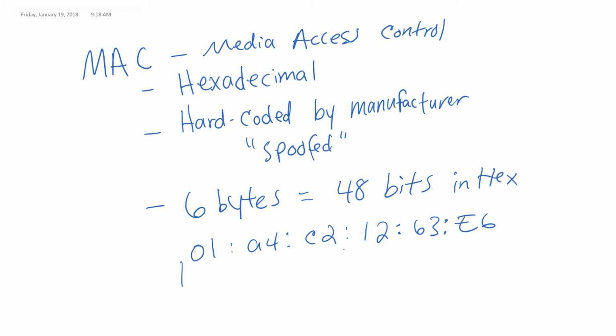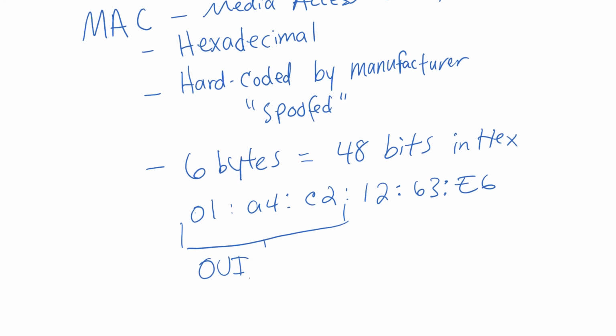And the first part of this MAC address is called the OUI, the Organizationally Unique Identifier, which indicates the vendor. And the second part is the device ID.